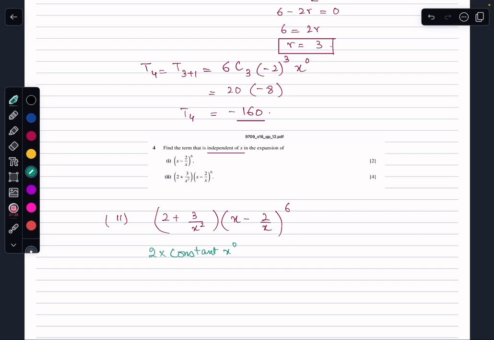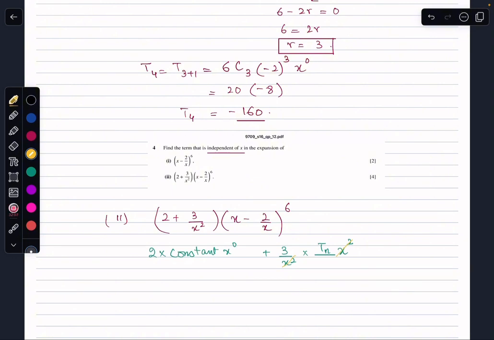With 3 by x square, I should have a term Tn in the expansion which has x square, so that the two x squares get multiplied and simplified, giving us a term independent of x.